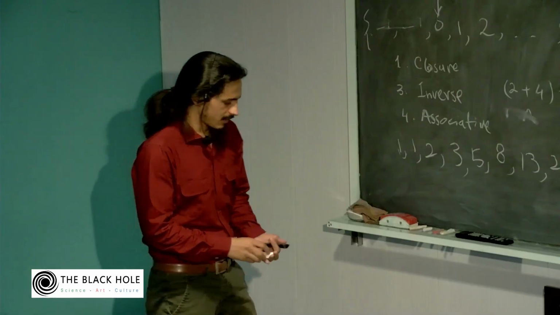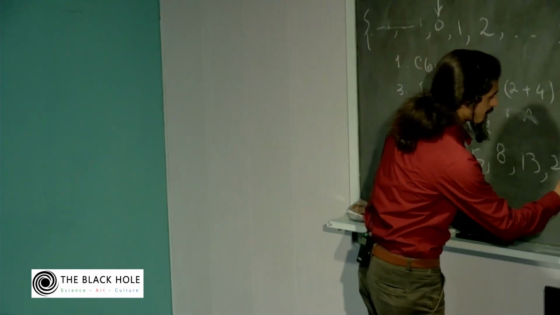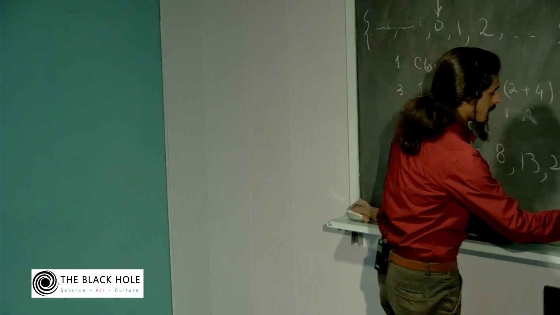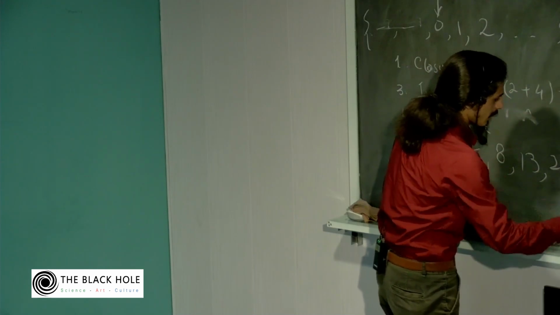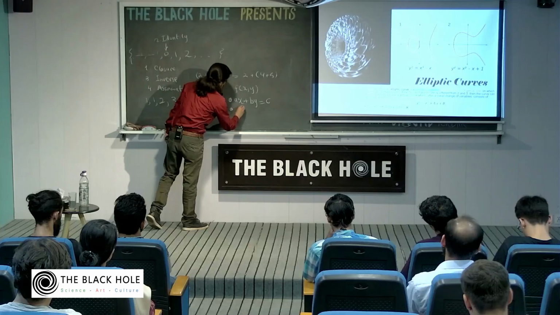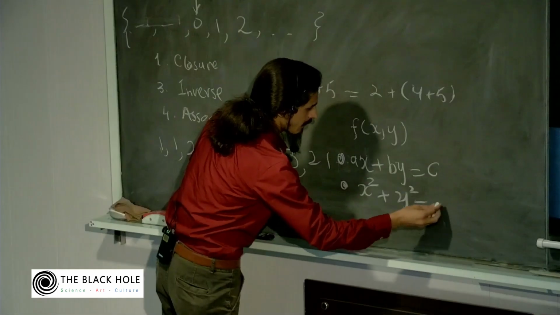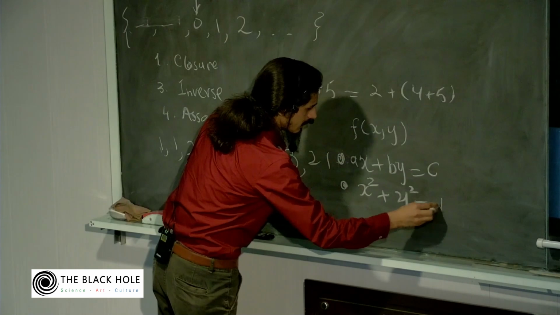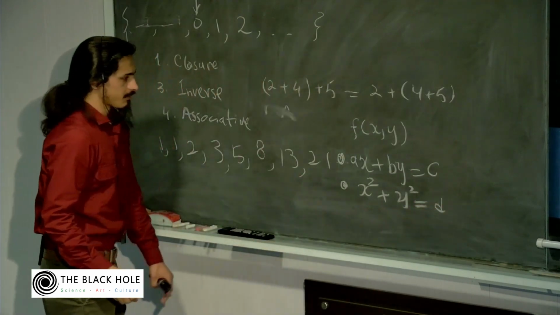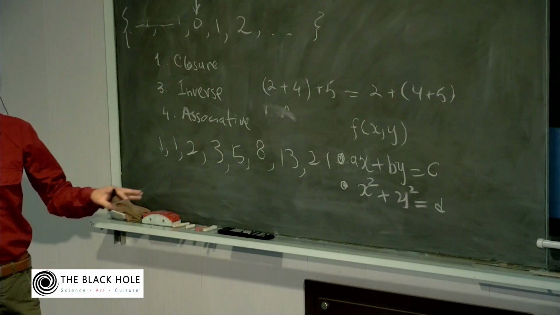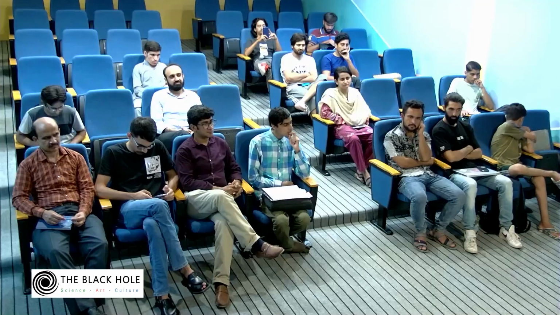And then the second thing: this is our first object, and the second object is when we go a degree higher. For example, if we take x squared plus y squared equals some number, let's say d, these are essentially all the degree 2 equations, conic sections, and we have a classification of all the conic sections.